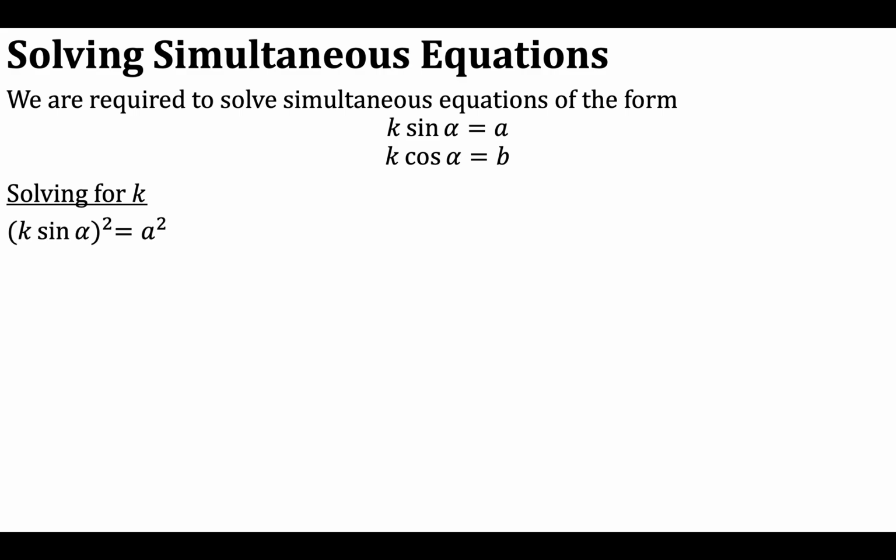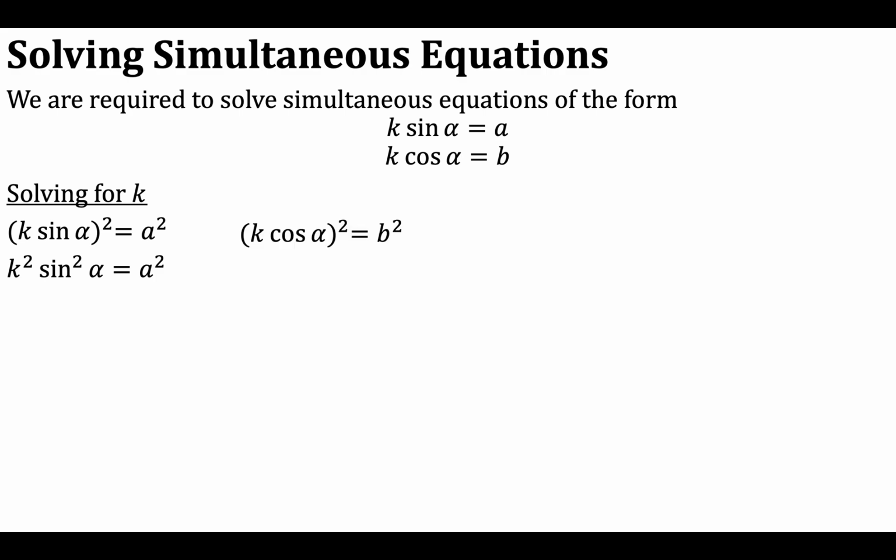But if we actually square each of the equations we have been given, so if we square k sine of alpha equals a, we will get k squared times sine squared of alpha equals a squared.